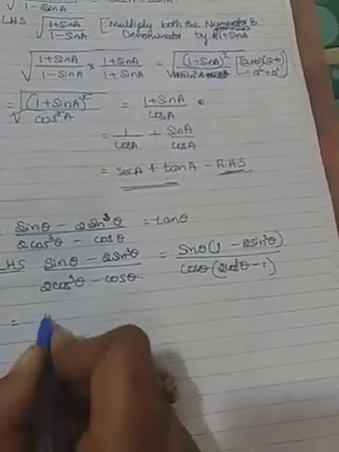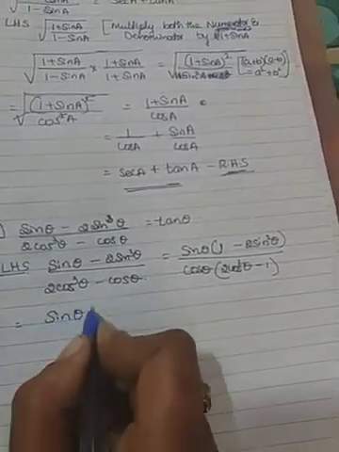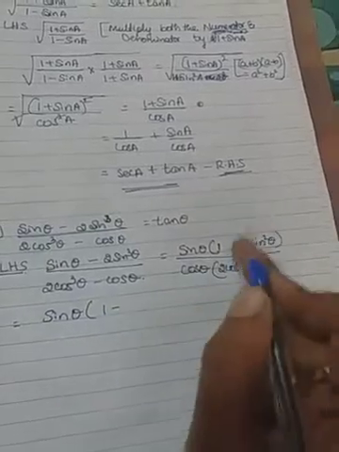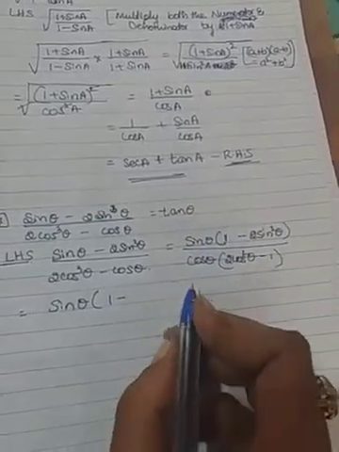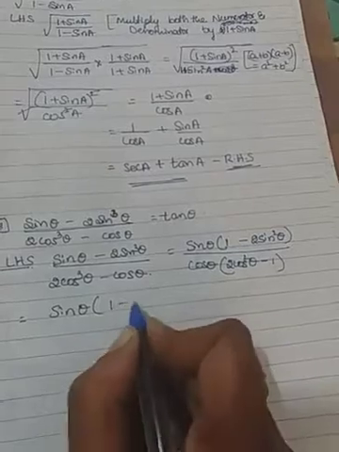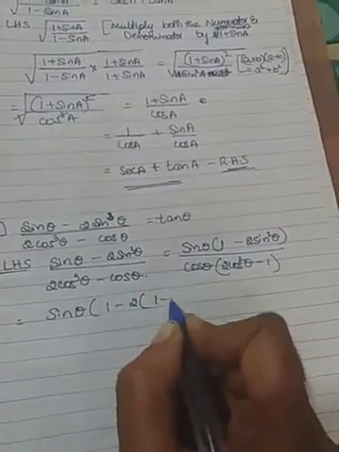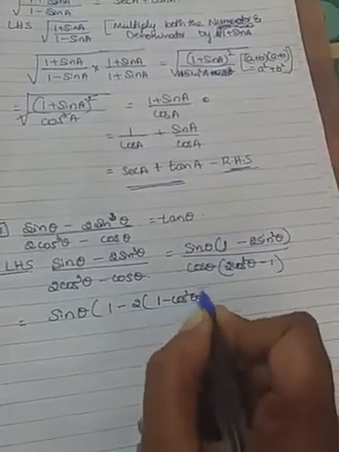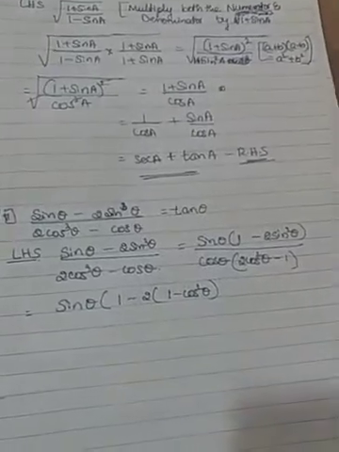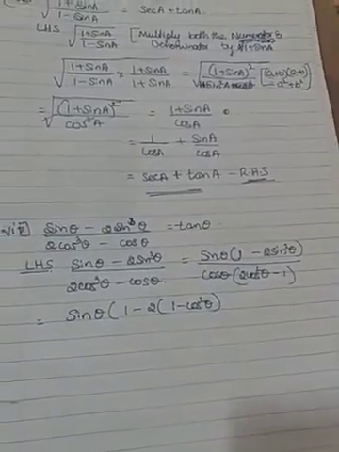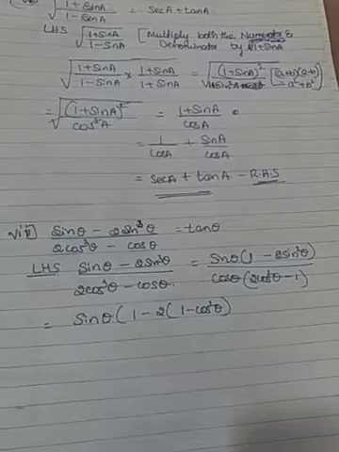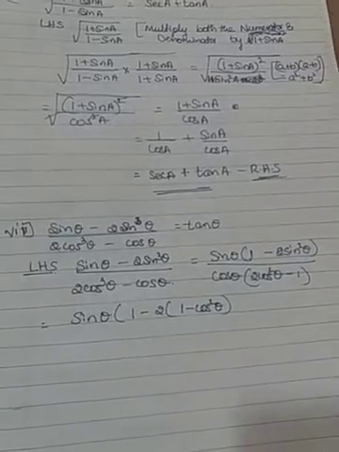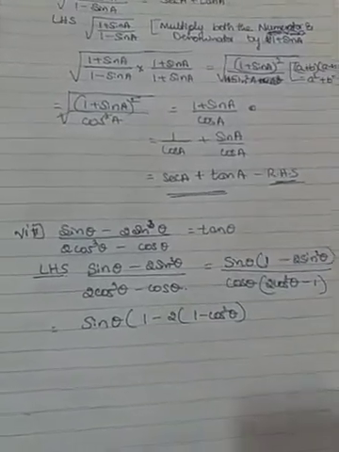In the same way, next we can write sin theta, and this sin square theta we can write as 1 minus cos square theta, because sin square theta plus cos square theta is 1. Then sin square theta equals 1 minus cos square theta, or cos square theta minus 1. However we write that, both are the same. Clear?